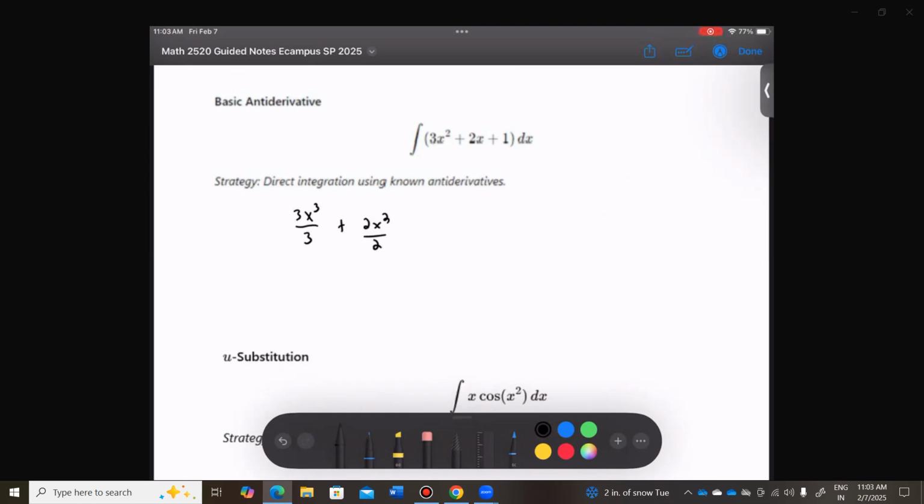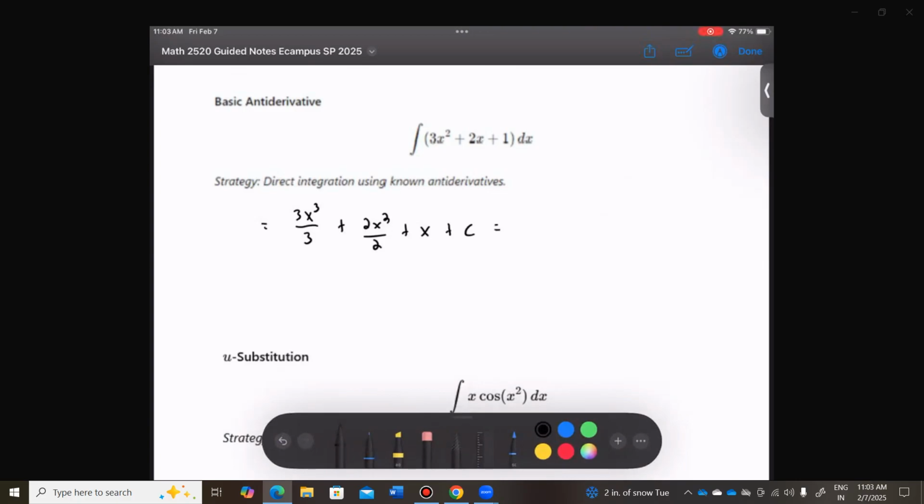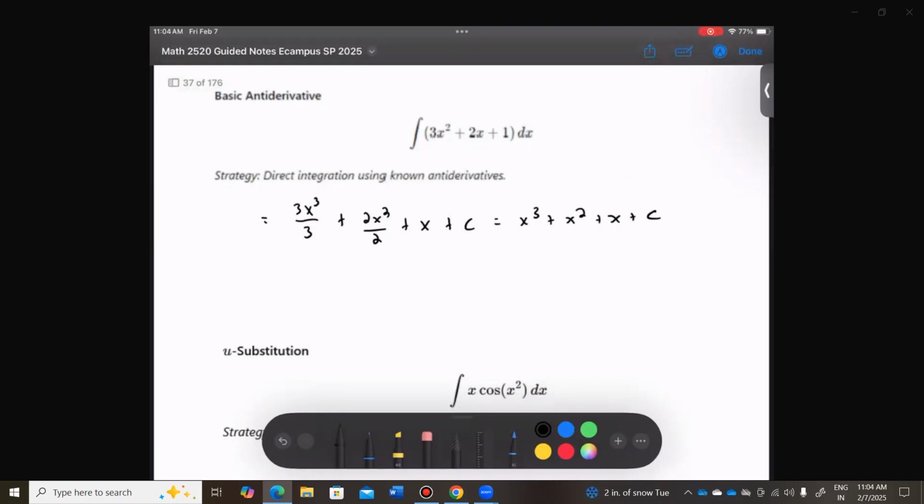The antiderivative of 1 is just x. Right, and then we simplify, so x cubed plus x squared plus x plus c. Pretty straightforward in that one.